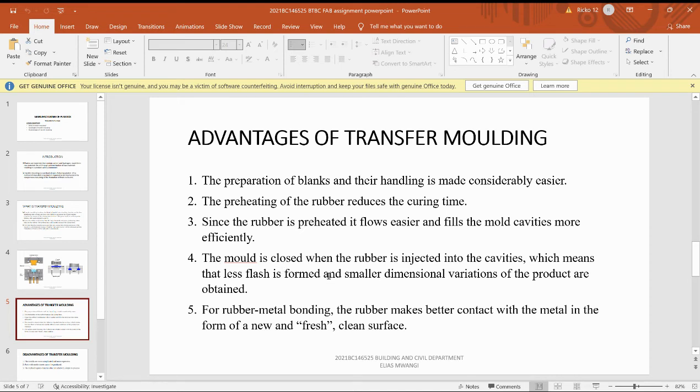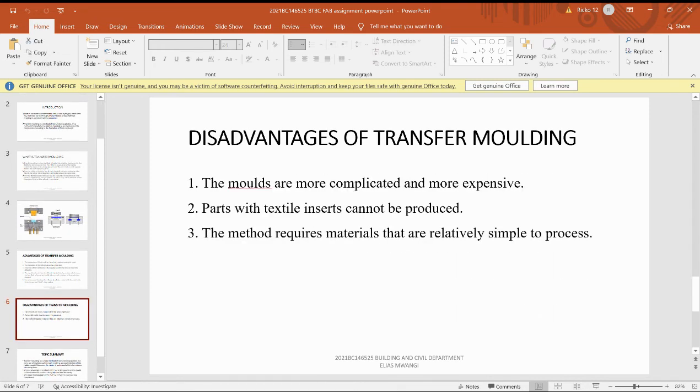Number four, the mold is closed when the rubber is injected into the cavities, which means that less flash is formed and smaller dimensional variations of the product are obtained. Number five, for rubber metal bonding, the rubber makes better contact with the metal in the form of a new and fresh, clean surface.